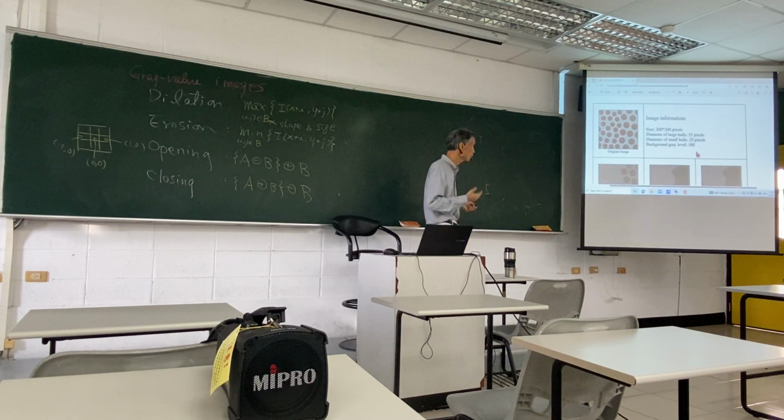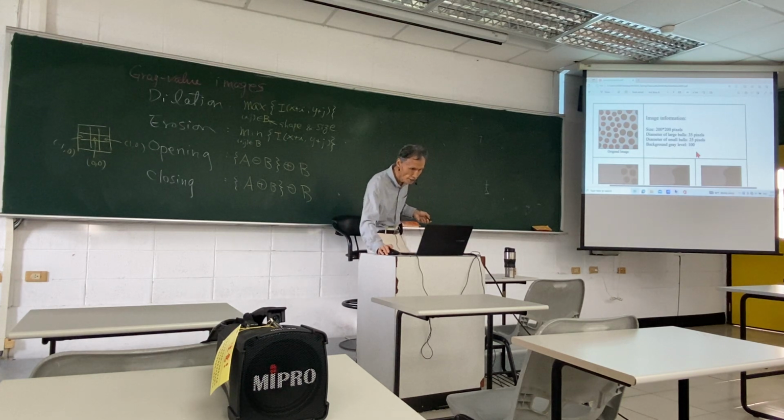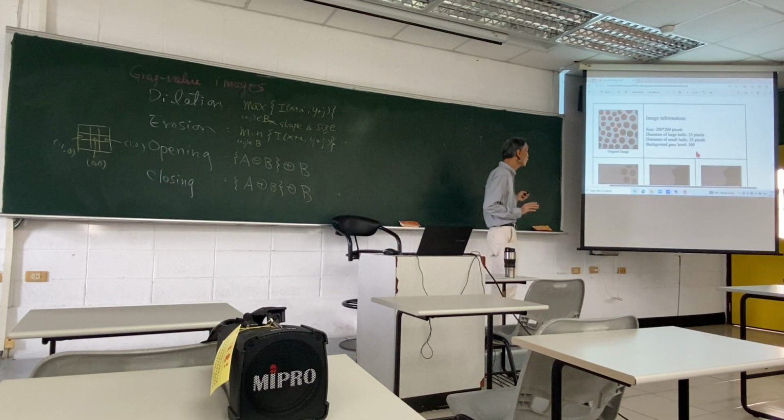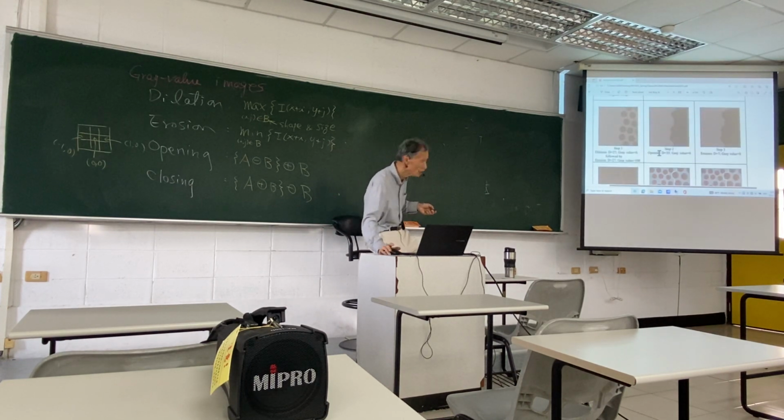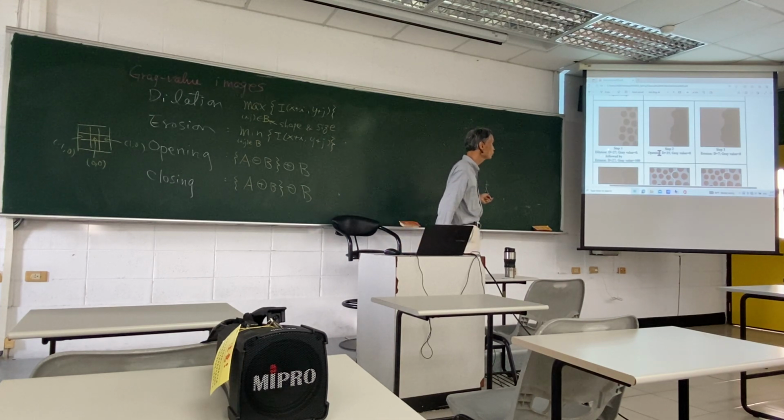So here we want to find the region that will separate these two textures, one with the larger balls, the other with the smaller balls. Now let's see how we can do it with morphological operations. First, apply the dilation. What's dilation?